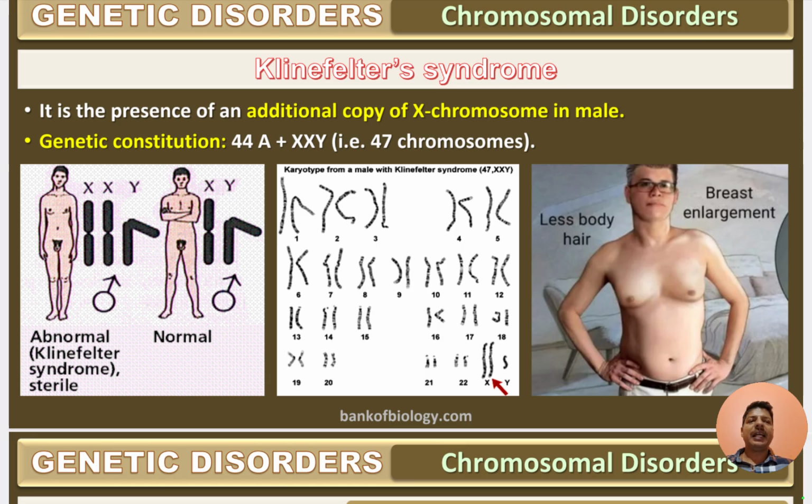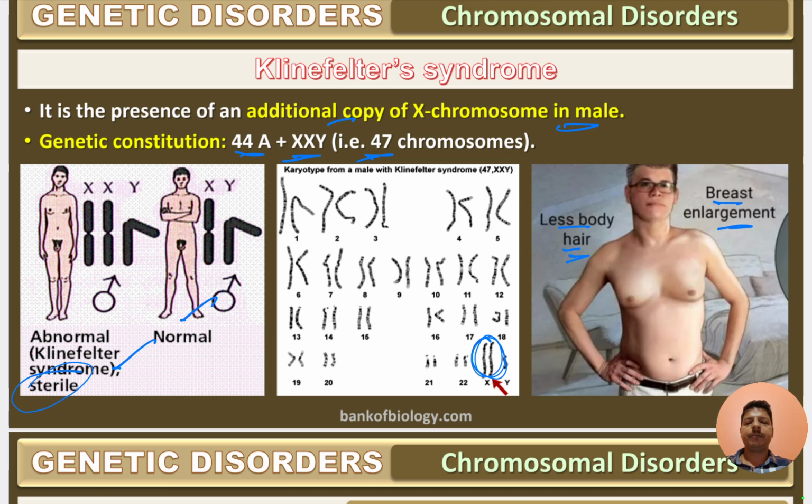Klinefelter syndrome. It is the presence of an additional copy of the X chromosome in a male, that is 44 autosomes plus XXY, that is 47 chromosomes. It is a normal male and this is an abnormal male, who is sterile, like this in the diagram.